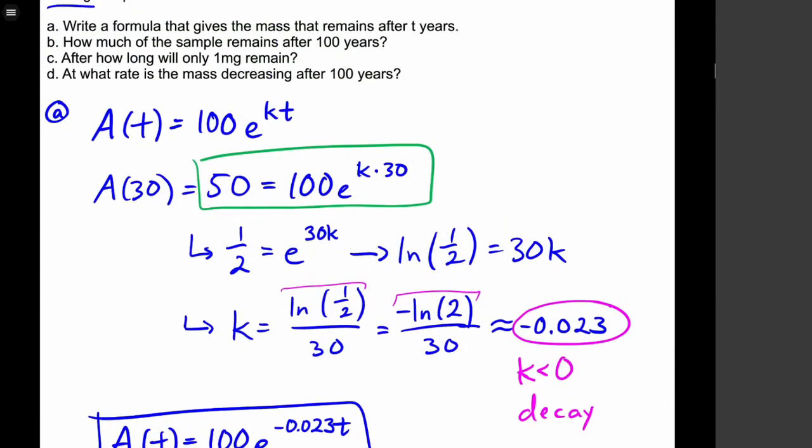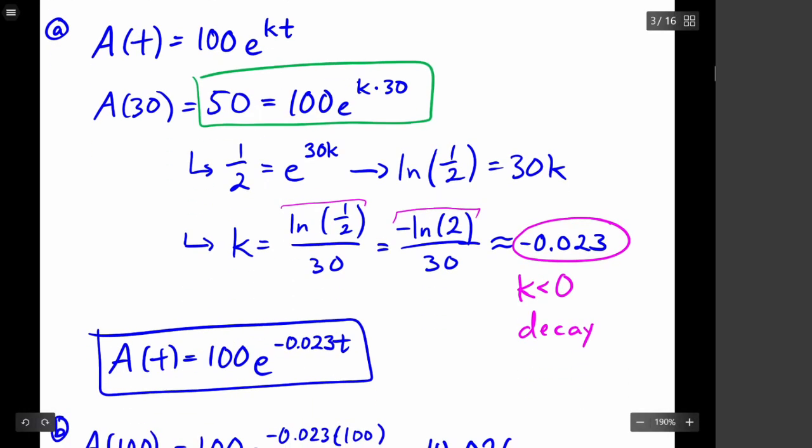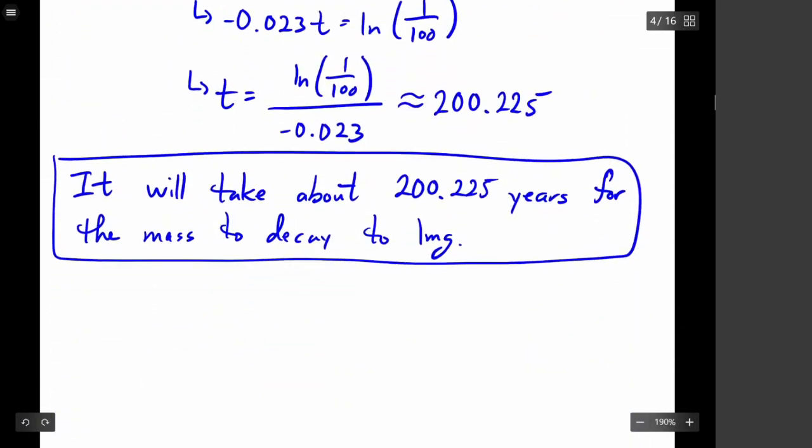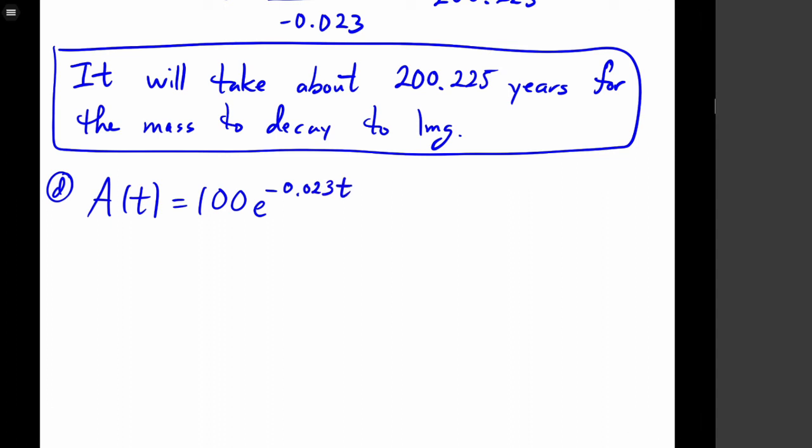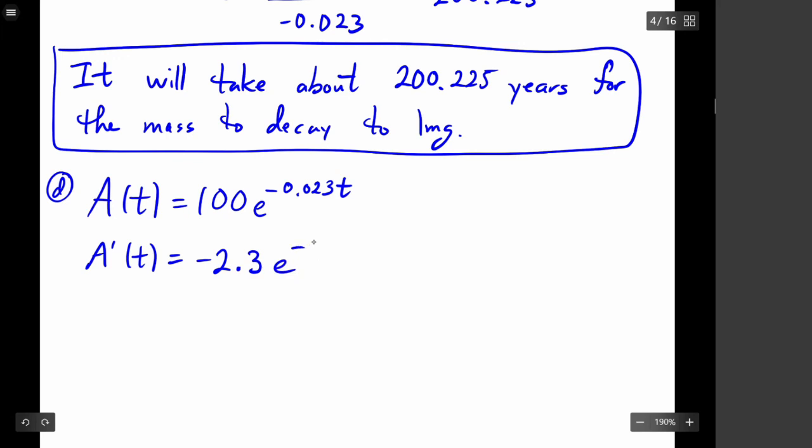Right. The last thing we need is, at what rate is the mass decreasing after 100 years? So this one's pretty straightforward. Just like last time, we start by writing our function. If we want to know at what rate it is decreasing, well, we want to take the derivative. So this will turn out to be, I'll let you verify this, negative 2.3 e to the negative 0.023t.